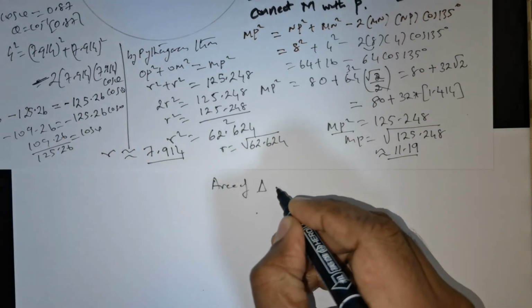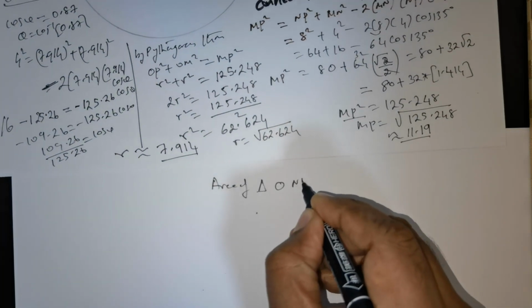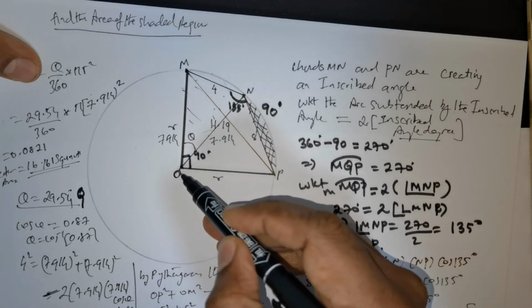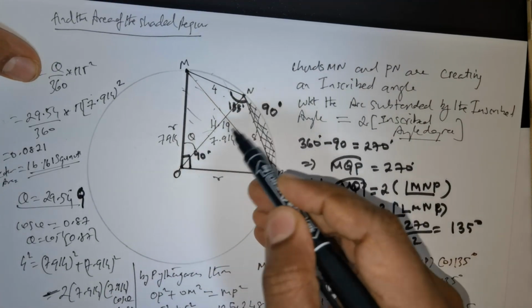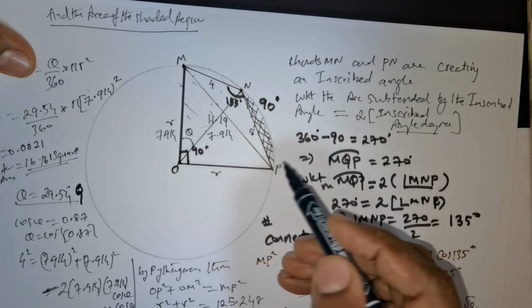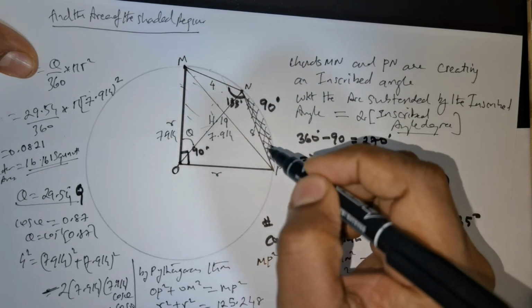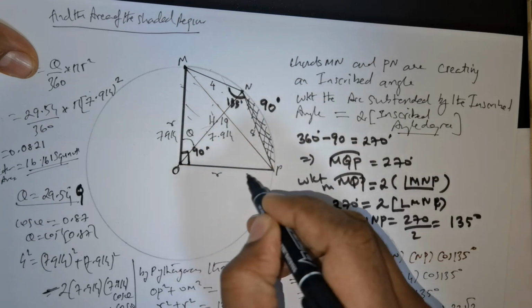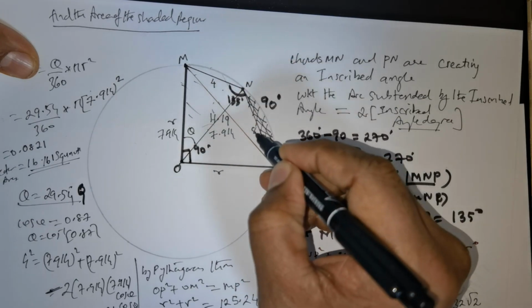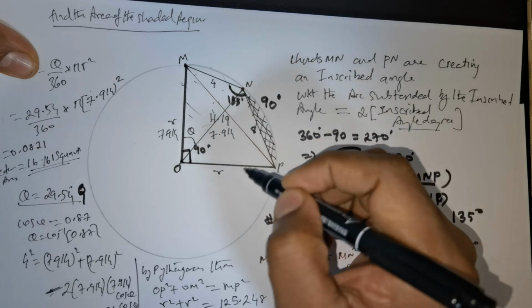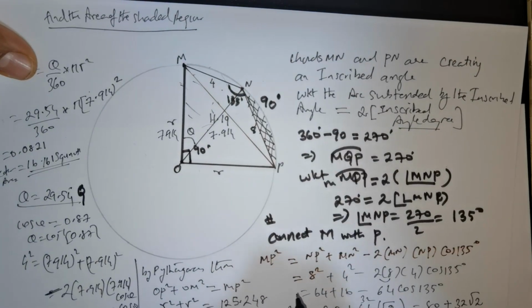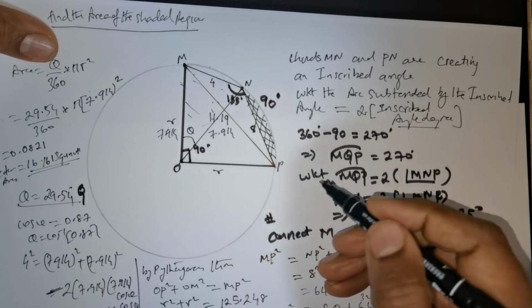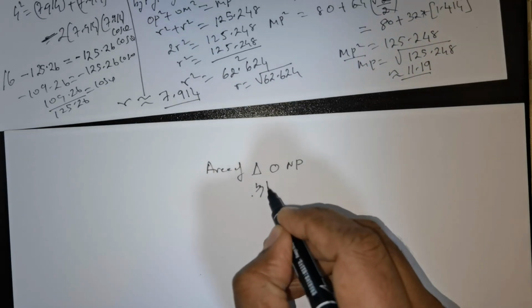Area of triangle ONP is required, right? Now this is radius, right? This is radius, but this side has got 8 units, right? So we will have to use Heron's formula, and we can use Heron's formula.